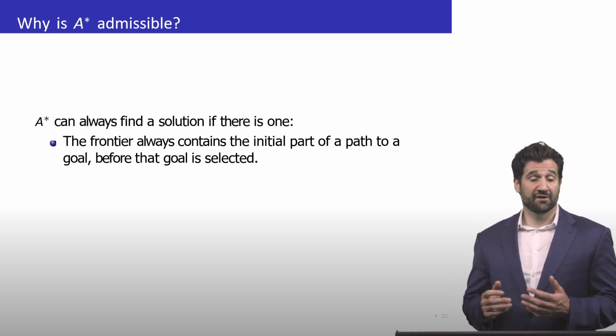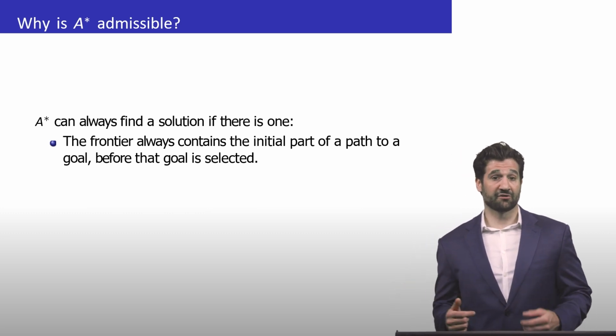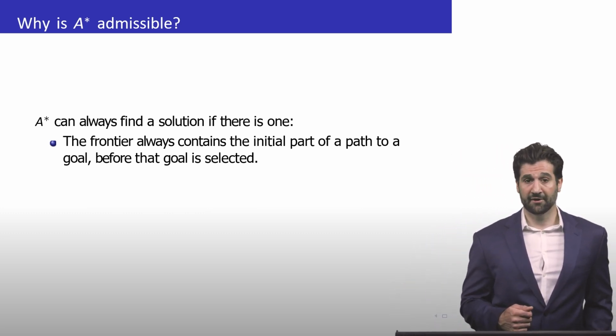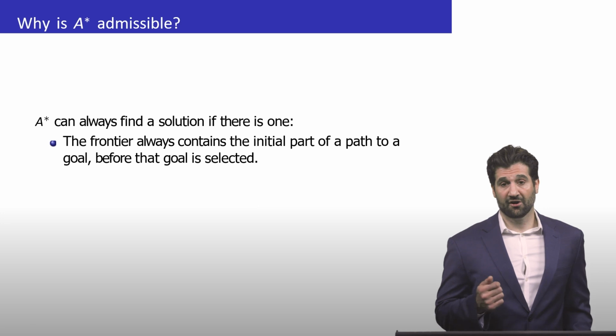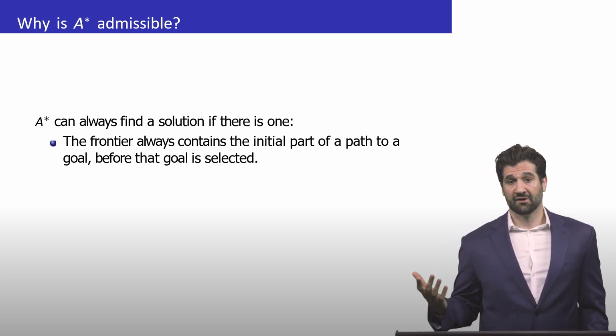So A-star can always find an optimal solution if there is one, under the conditions that we mentioned a minute ago. And the frontier always contains the initial part of a path to the goal.